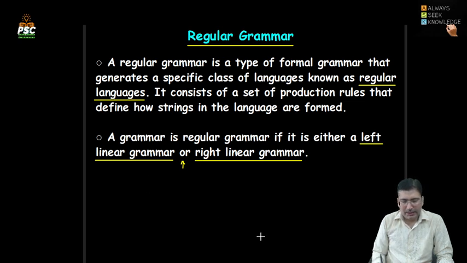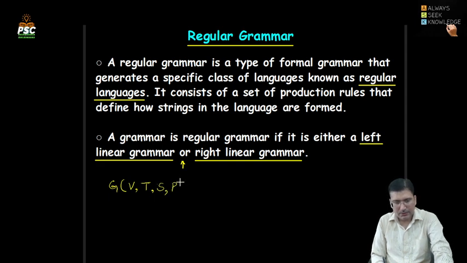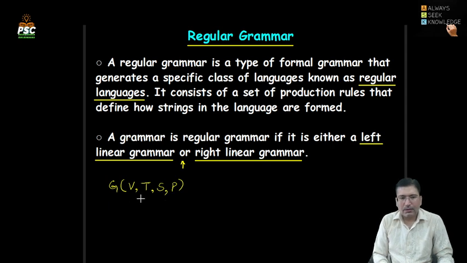Let me highlight again what we mean when we say a grammar. If I say G is a grammar, then G must have four tuples. G must have a set of variables, that is non-terminals, a set of terminals, one starting symbol, and a set of production rules P. Once we define these four things, we conclude the grammar has been defined.